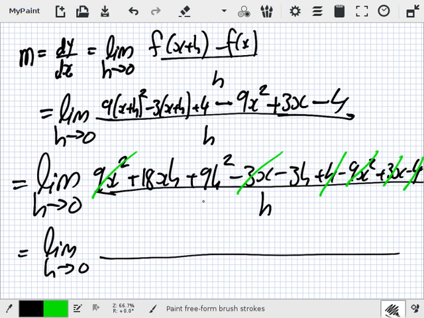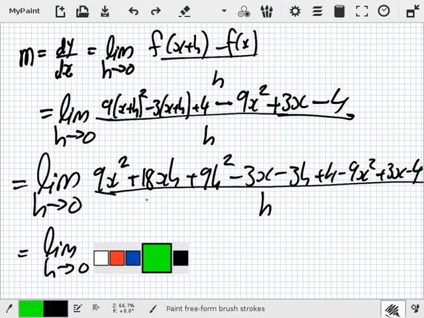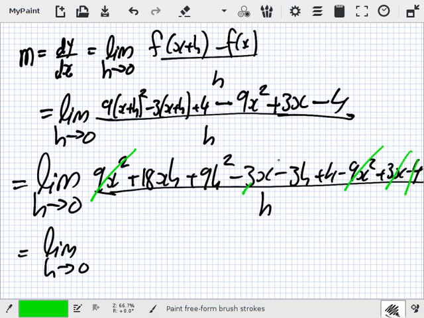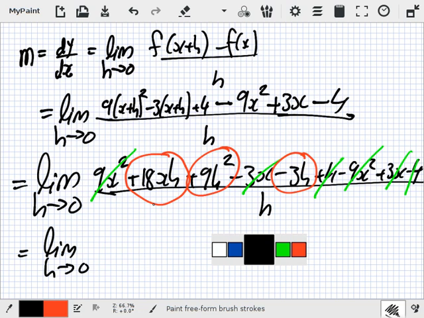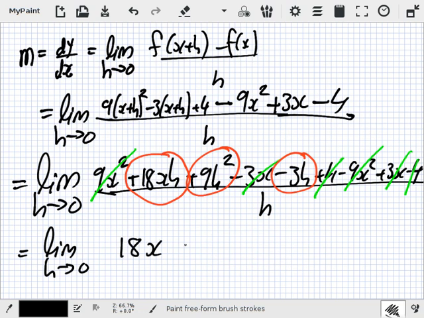Okay, we'll divide by h, so let me just get rid of that line. We've cancelled that with that, and that goes with that and that. So you're left with 18xh, 9h squared and minus 3h, and we divide by h. That will leave us with 18x plus 9h minus 3.